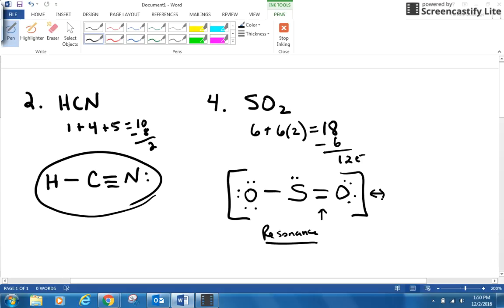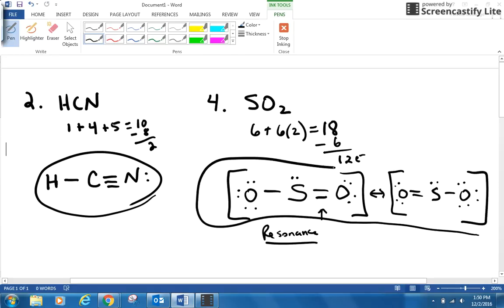You put brackets around that structure, you put double arrows saying that, hey, it can be drawn this way, and then I'm going to draw the other structure with the double bond on this particular side. So my 2 electrons there, 2 electrons there, and 1, 2, 3, 4, 5, 6. So this whole thing would be the complete Lewis structure for SO2.